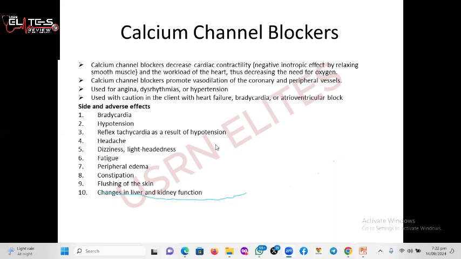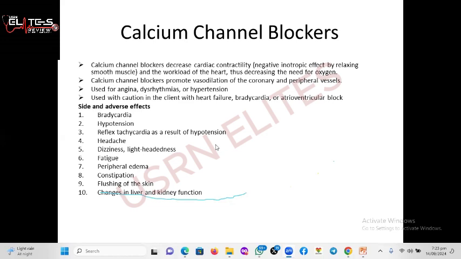And so apart from these two medications, diltiazem and verapamil, is it verapamil? Yeah. Diltiazem and verapamil do not follow the normal naming of calcium channel blockers.